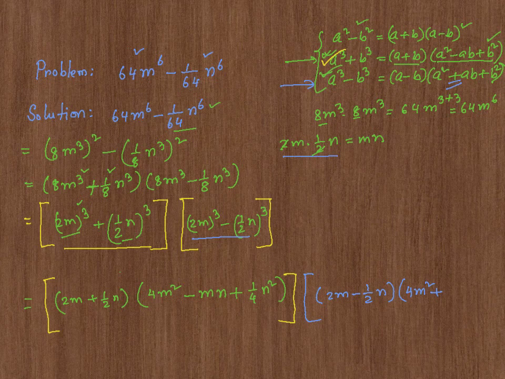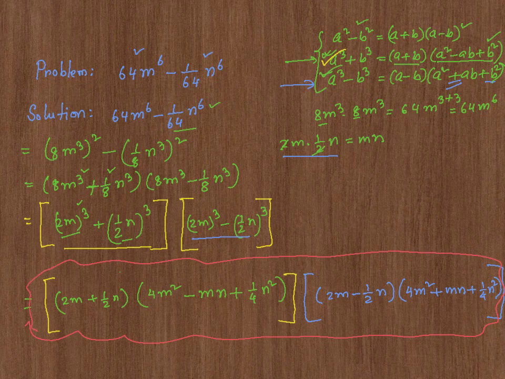If we multiply it out, ab comes out to be mn, plus b square, which is 1/2 n whole square, which is 1/4 n square. And that big expression is your final answer. If you factor this, you get this.